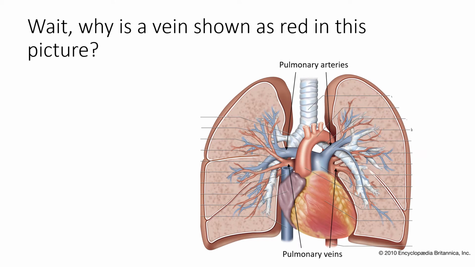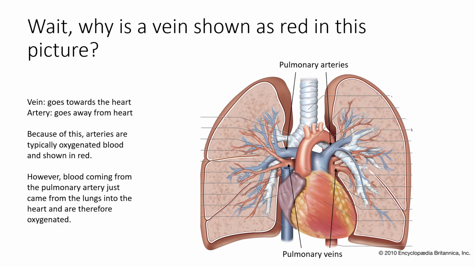So if we look at this using both the lungs and the heart, we can see that the deoxygenated blood should come up through here into the right atria and then make its way into the right ventricle and then get squeezed out into the lungs through this pulmonary artery.